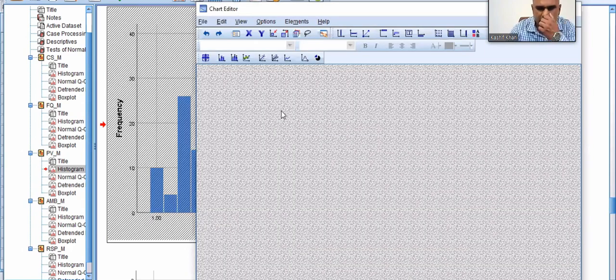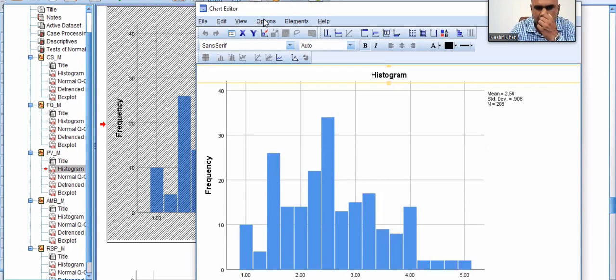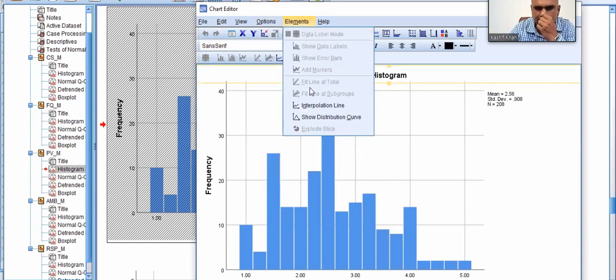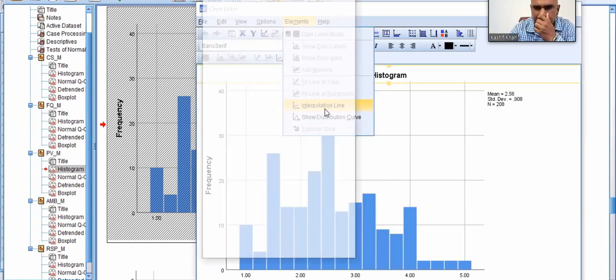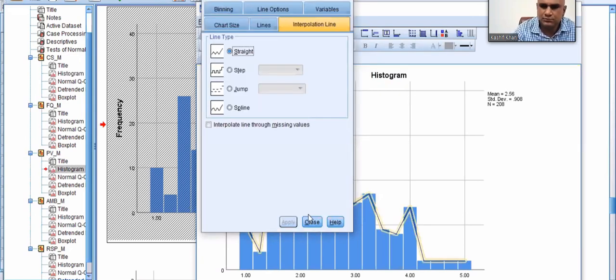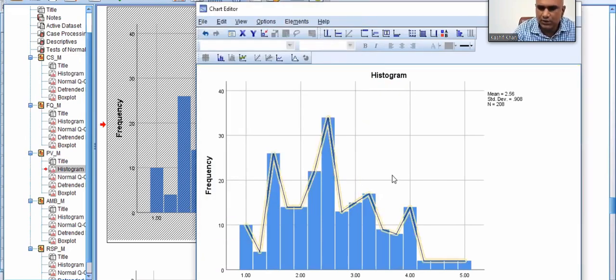Option, elements, interpretation line, close. Can we draw a trend here? Yeah, this is a little bit skewed on the left side.